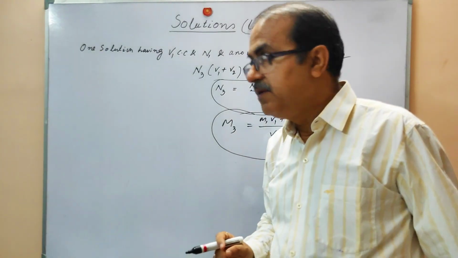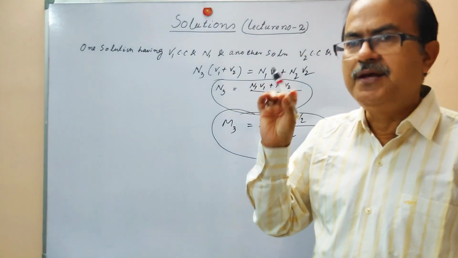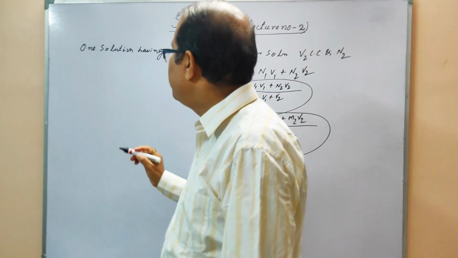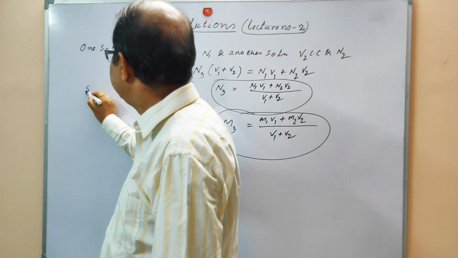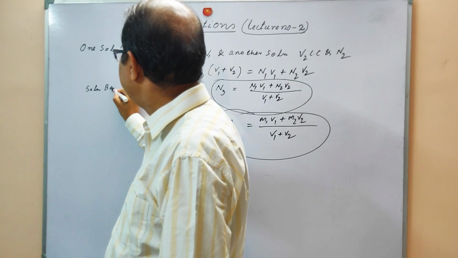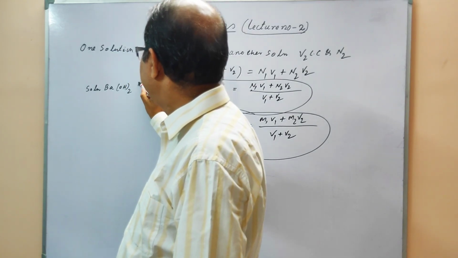Okay. Now we do some numericals. One very simple numerical I am going to give you. Suppose there is a solution of Ba(OH)2, barium hydroxide.